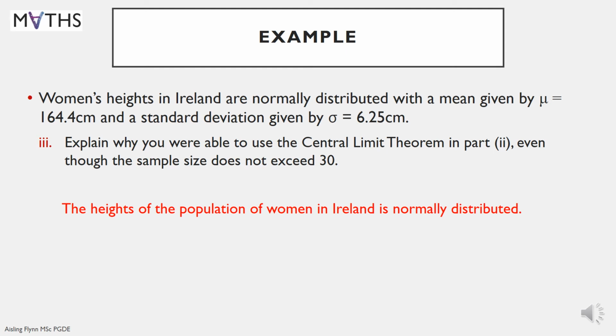So for samples smaller than 30, you can use the central limit theorem if the population is normally distributed. You can't use it for, say, a skewed population or one of the other populations, but you can use it for a normal distribution.